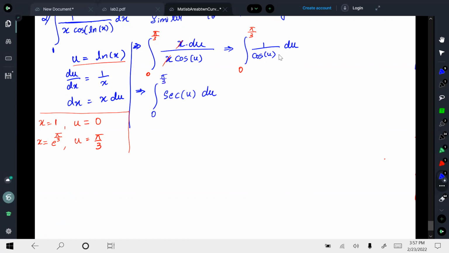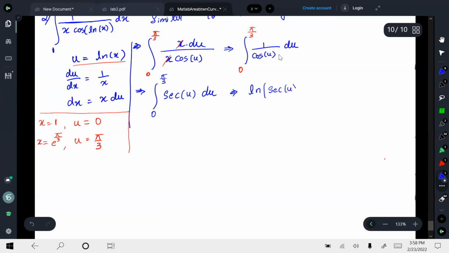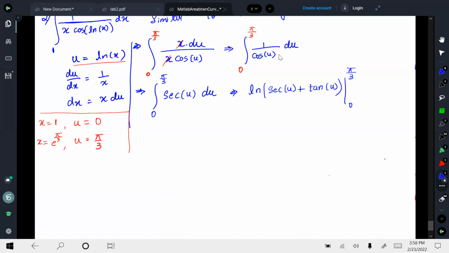Now you have to find the integral of secant of u. The formula is log of secant of u plus tan of u, from 0 to pi by 3. If you don't know how I got this formula, just let me know. I can show you these steps.